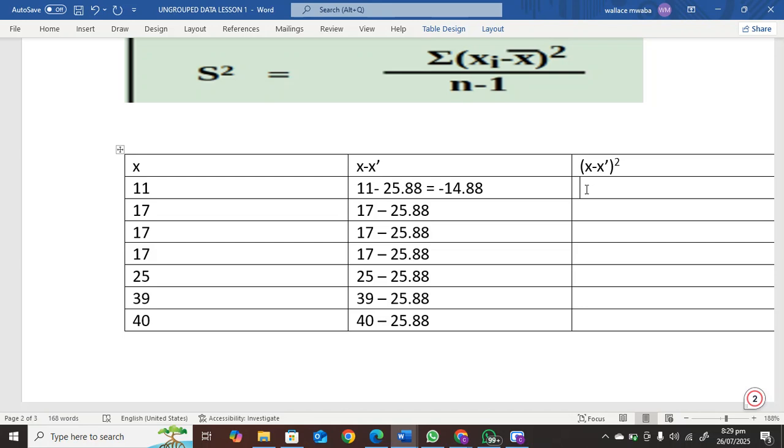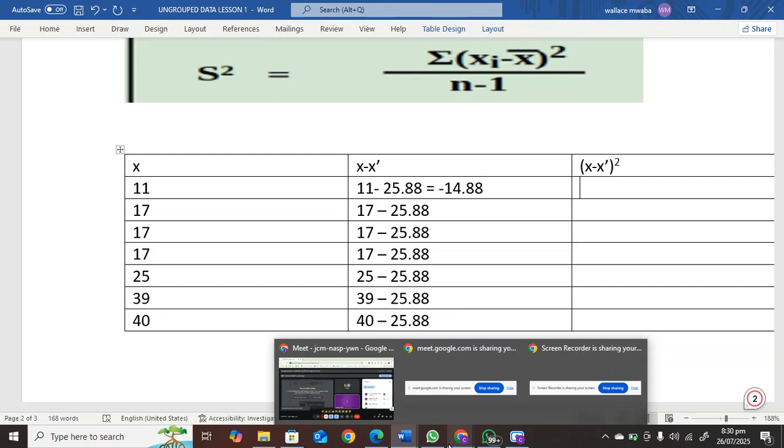When we square negative 14.88, colleagues, what do we get?